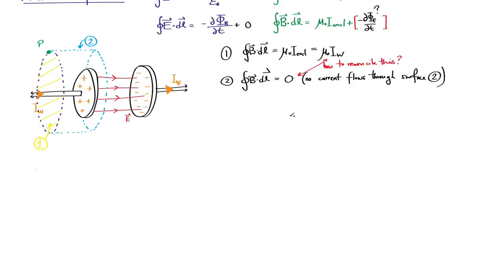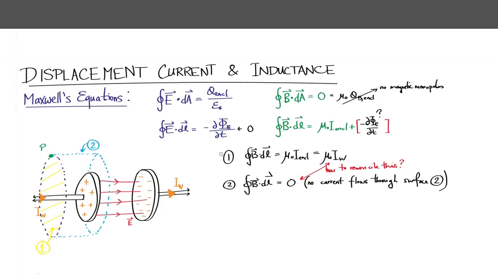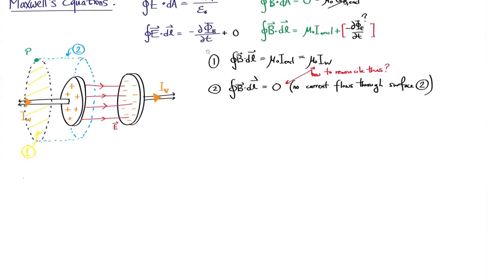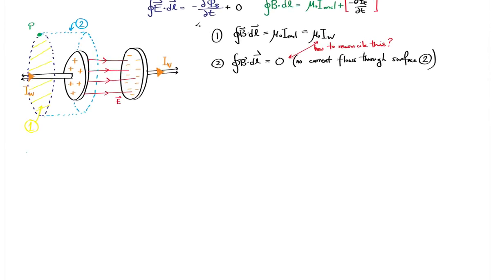So I'm going to describe this. This is where we're going to talk about this quantity called the displacement current. Let's look at it like this. Now, we do have a current. This is not obviously a completely continuous infinite wire, right?